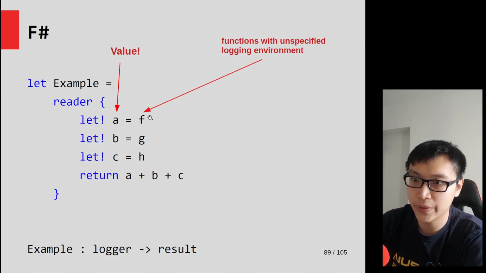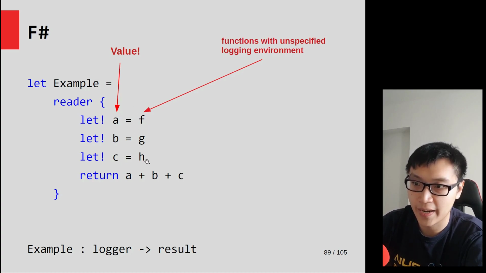But here I treat it as if I can extract a value out of a function that is still missing the logging environment. I have a function fgh that I have not provided the logging environment yet, so it cannot execute. But yet I treat it as if I've already extracted the numbers A, B, C for me to calculate.